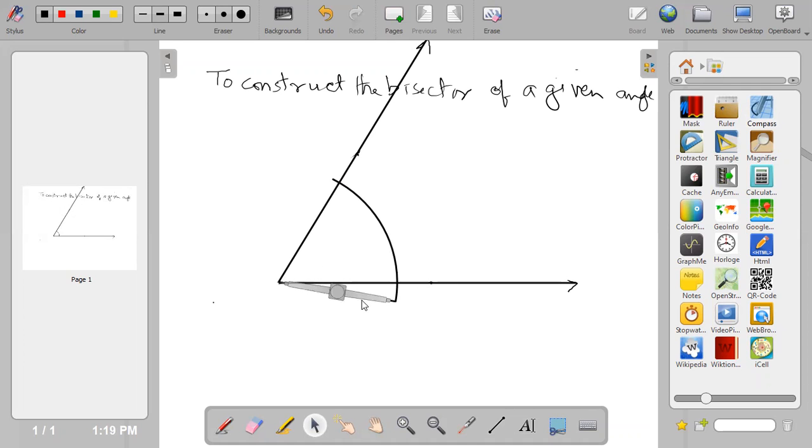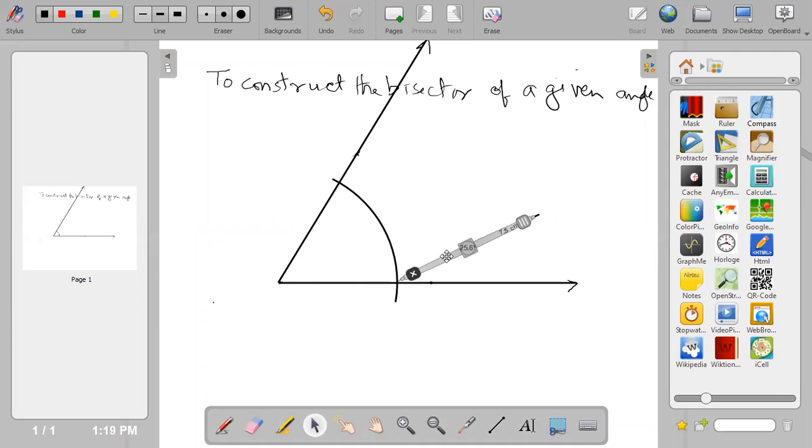After this you can change the radius. You should know where you can change the radius and where you cannot. But here if you do not change the radius, then also it's correct, but here you can change the radius. Second point, you should write the steps also. Here you will put the compass.